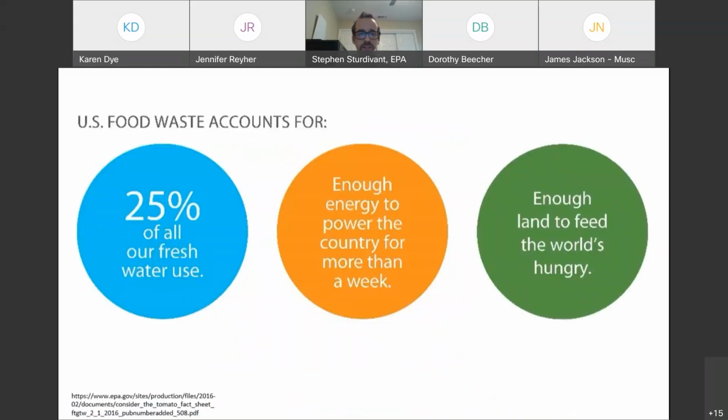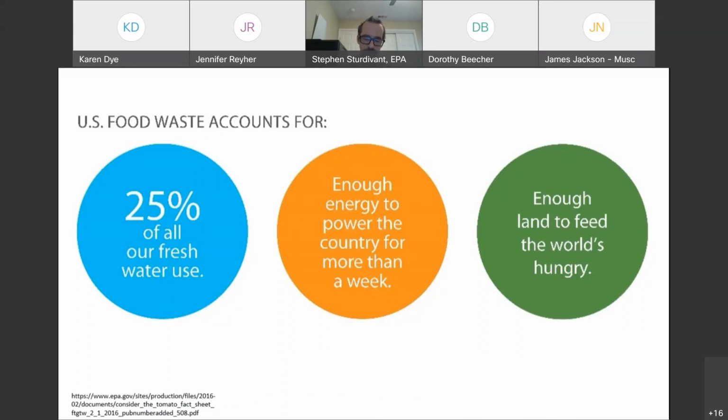So food waste alone here in the United States accounts for a quarter of our fresh water use, tons of energy, and enough land to feed the world's hungry, right? So that's a lot of land, that's a lot of energy, that's a lot of water. In fact, just the water used to grow the food you throw away takes more water than your entire household use.